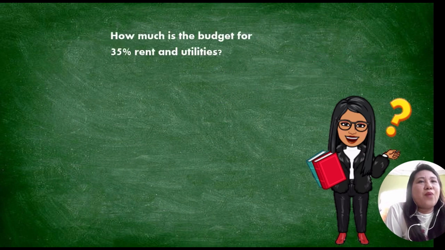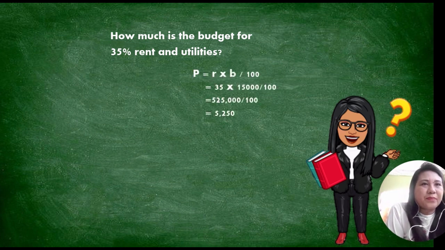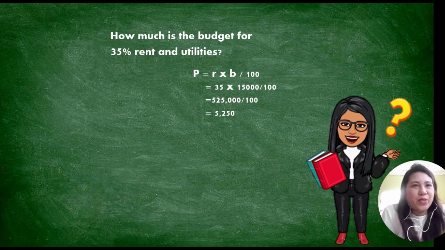Next, how much is the budget for 35% rent and utilities? Again, we use the formula P is equal to R times B divided by 100.